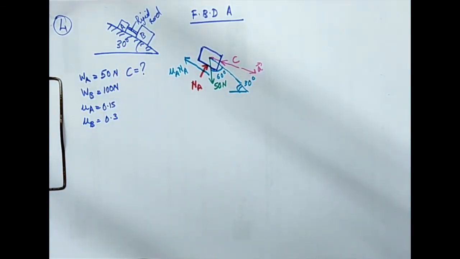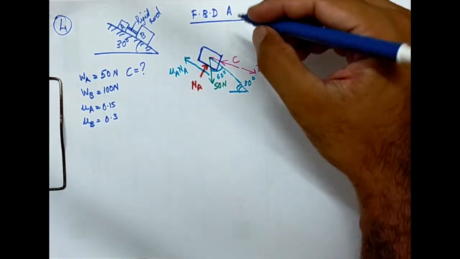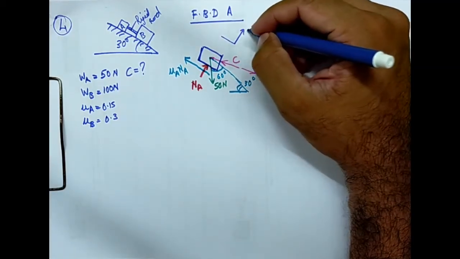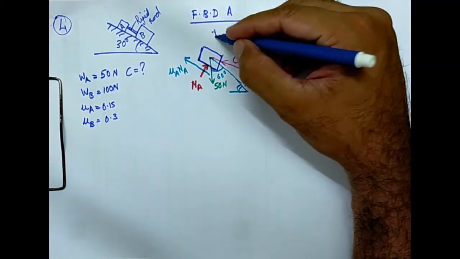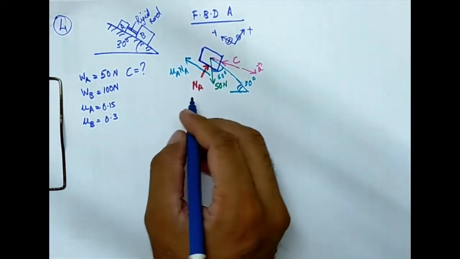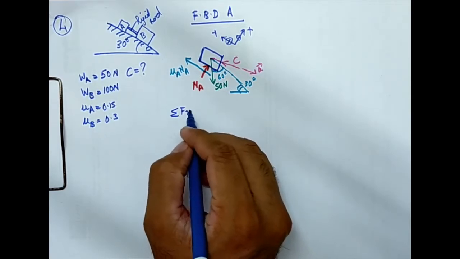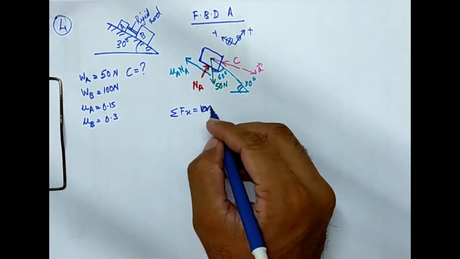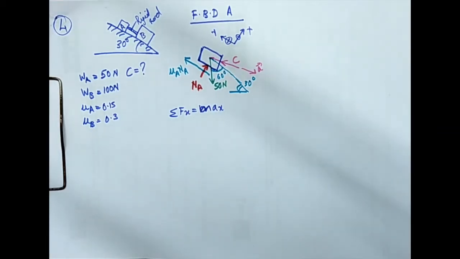Now let's define some coordinate system. I'm defining the coordinate system like this. Let this be my x, this be my y, positive x and positive y. So I'm writing sigma Fx equal to m ax, right?